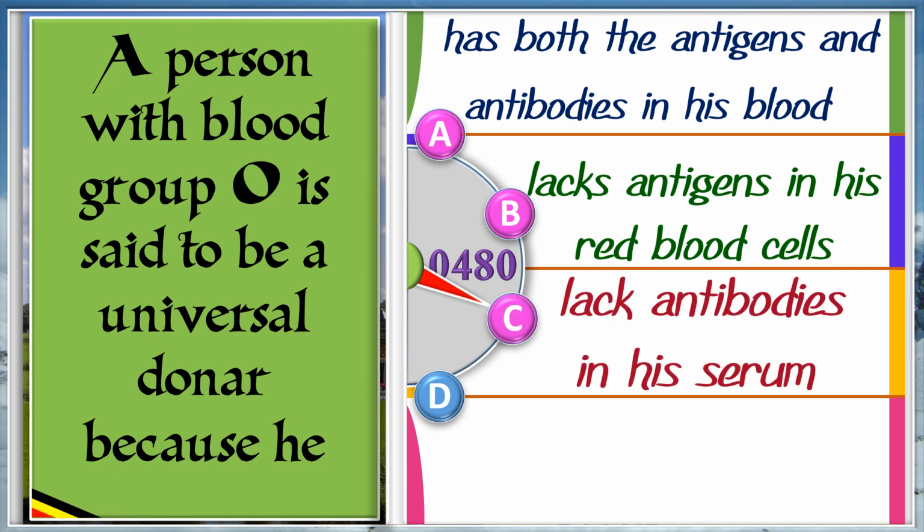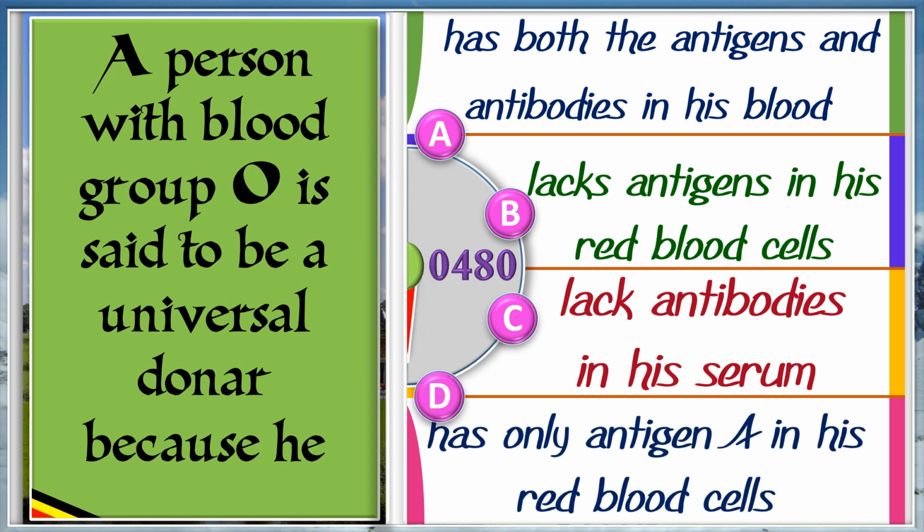C. lacks antibodies in his serum. D. has only antigen A in his red blood cells. And the answer is B. lacks antigens in his red blood cells.